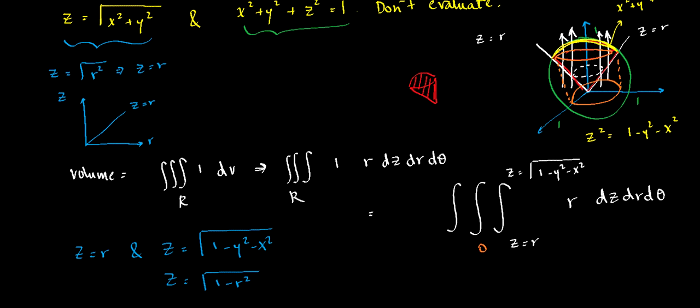So the radius of this circle and the radius of its projection here is going to be 1 over root 2. So the upper limit of the radius is going to be 1 over root 2. And since this circle here is a complete circle centered at the origin, it's defined in the 4 quadrants on the xy plane. Theta is going to go from 0 to 2 pi.